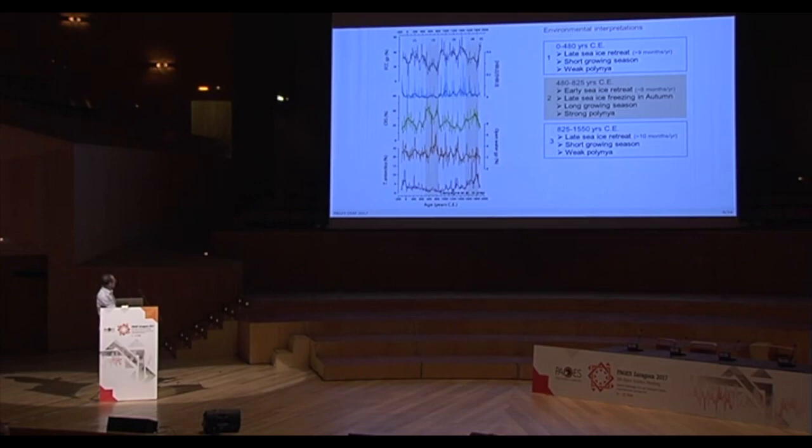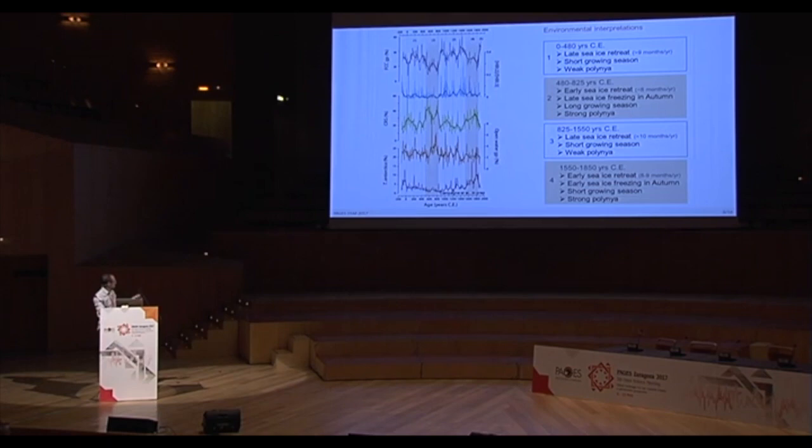The third period, 800 to, let's say, 1500, the proxies argue for a late sea ice retreat, a short growing season, and again, weak polynya activity. And finally, the last period, between 1500 and 1800 CE, again the proxies say there was an early sea ice retreat, early sea ice freezing in autumn, a short growing season, and a strong polynya activity.